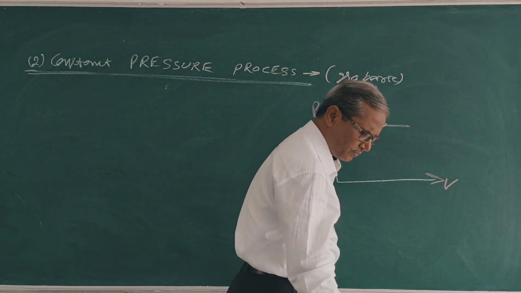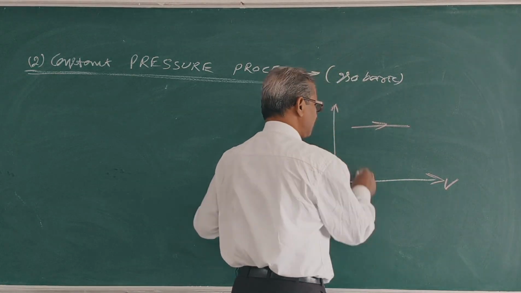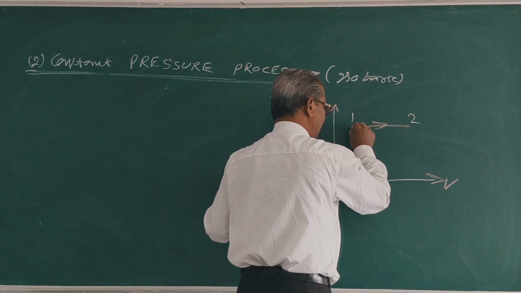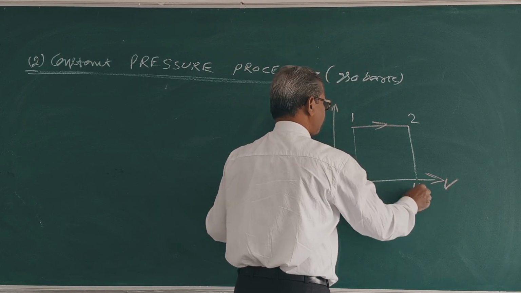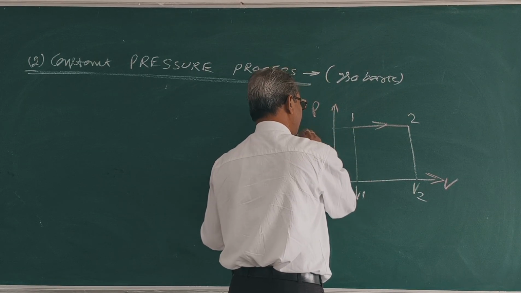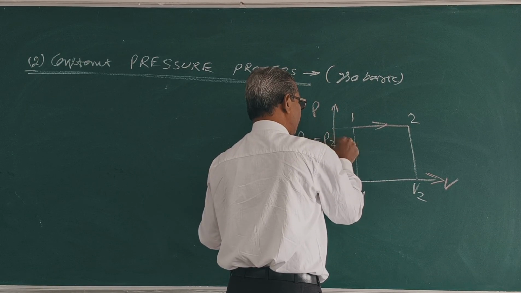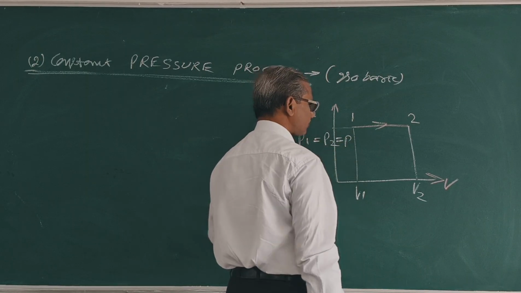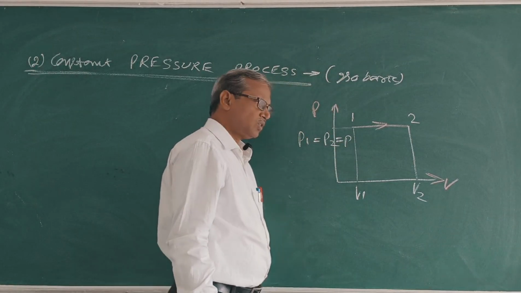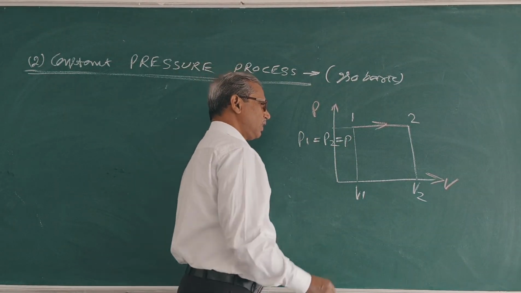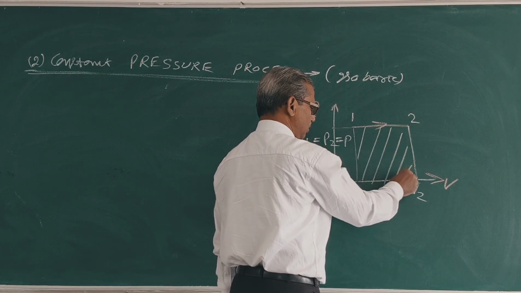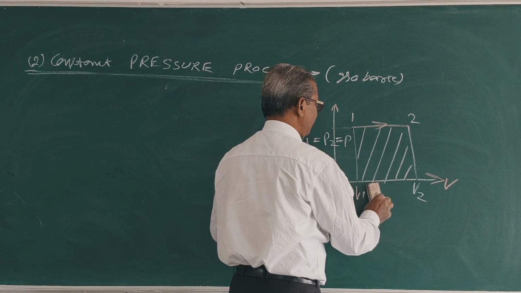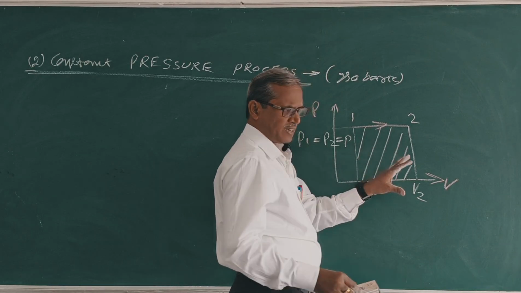Clear? In this process, this is 1, volume V1, volume V2. Here, P1 is equal to P2, is equal to P. So what is work done? Area under the curve 1, 2. This forms a rectangle.